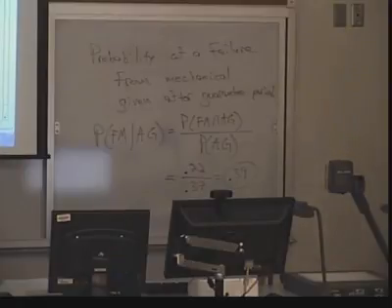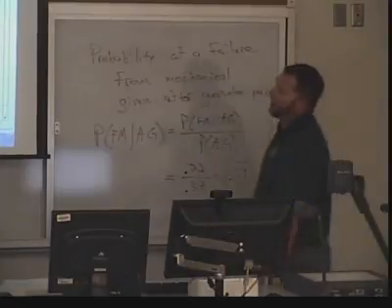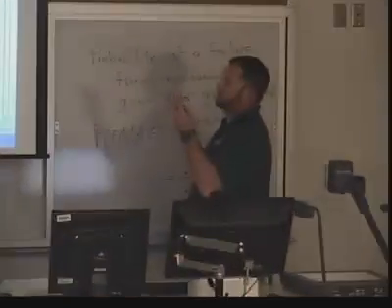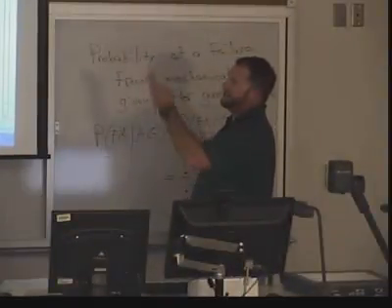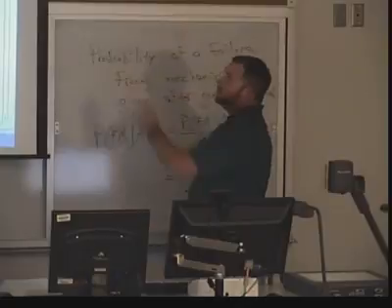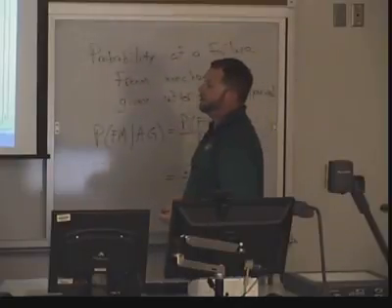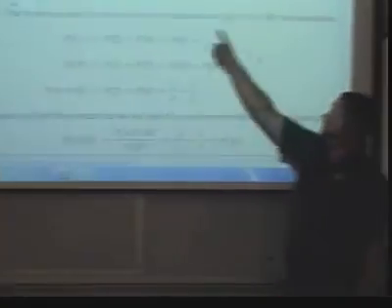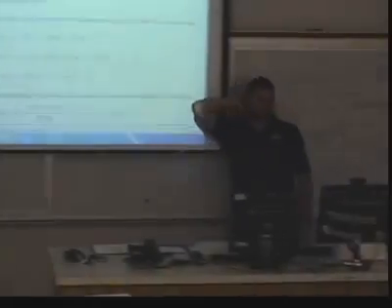How many numbers are there on a die that's less than or equal to 4? 4, right? 1, 2, 3, 4. There's 4 numbers. How many of those 4 numbers are even? 2. So the chances that it's even, given we know it's less than or equal to 4, is 1/2, which is exactly the probability that it's just even in general.